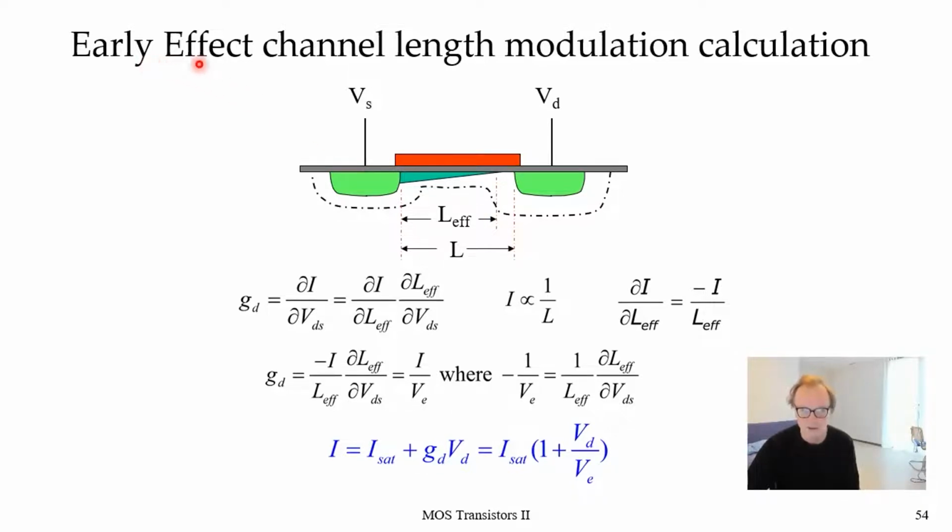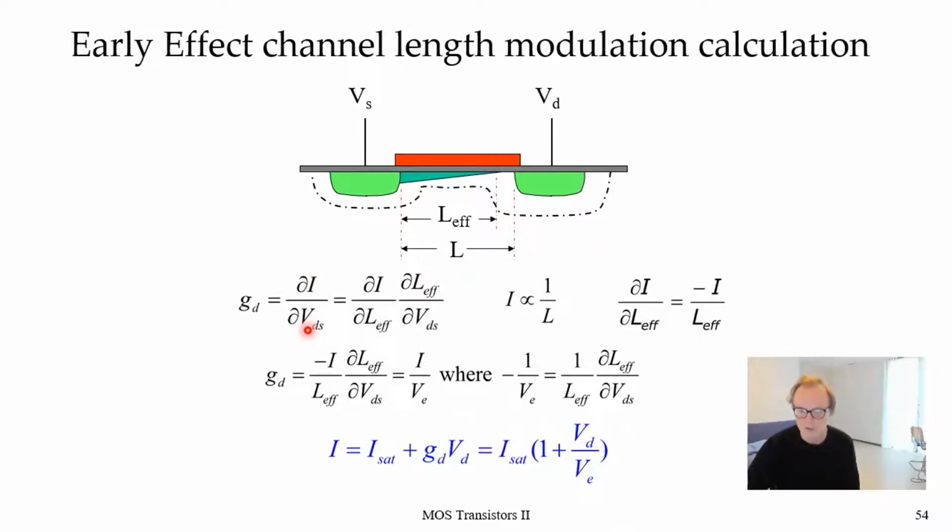So the Early effect channel length modulation calculation goes like this. You have a transistor. It has a particular physical length, but it has an effective length, L_eff, which is reduced by the amount that the drain depletion region changes with the drain voltage. By definition, the drain conductance is the rate of change of the drain current with the drain source voltage.